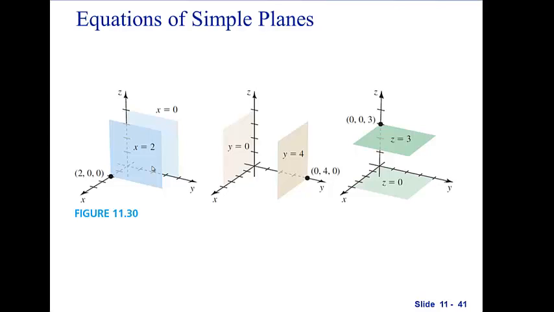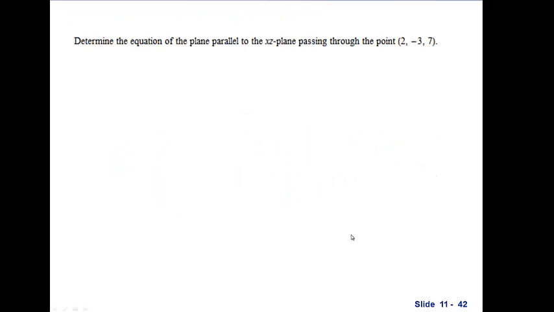Similarly, the equation y equals a describes a plane that is everywhere a units from the xz plane, and z equals a is the equation of the horizontal plane a units from the xy plane. So these are the simple equations of the planes.